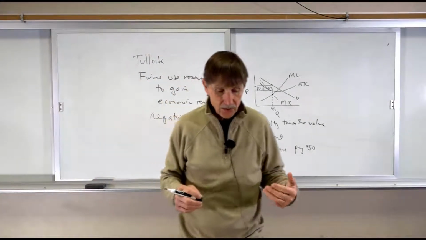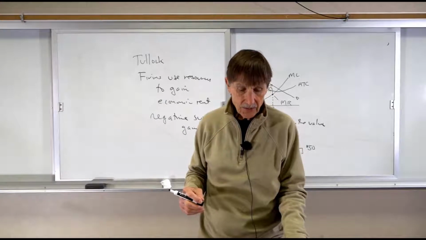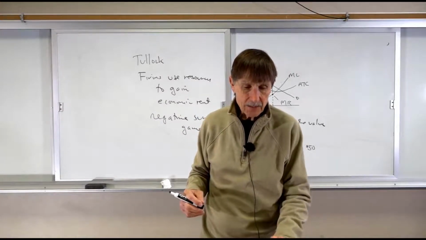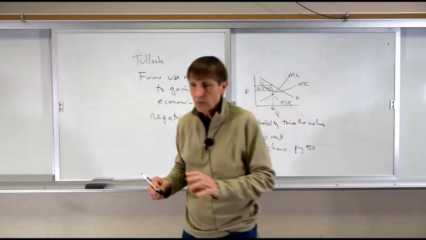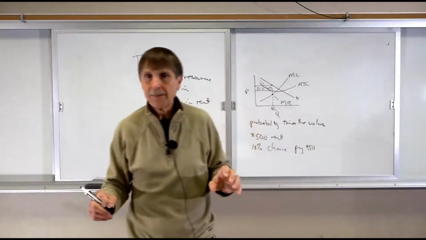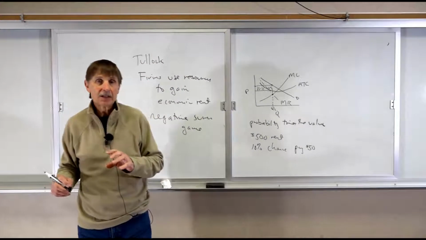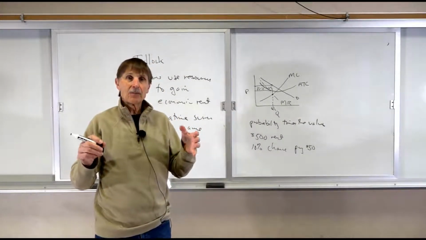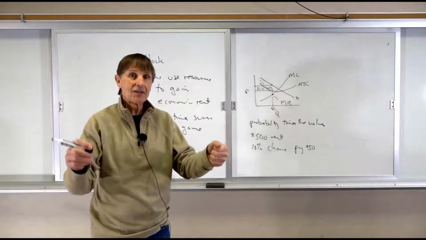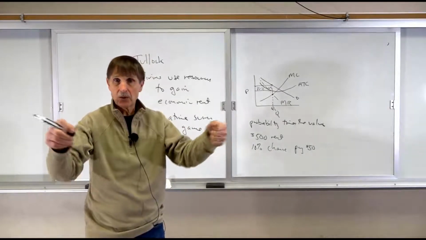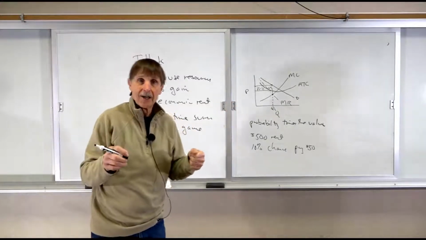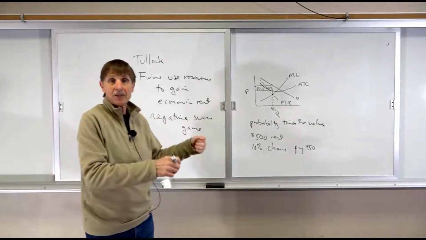So if we sort of look at it, the main point that Tullock is making is that rent seeking is a negative sum game. That is, if you allow the government to be out there being able to do things that will create rents or create profits for firms, then they're going to hire lobbyists in order to do that.